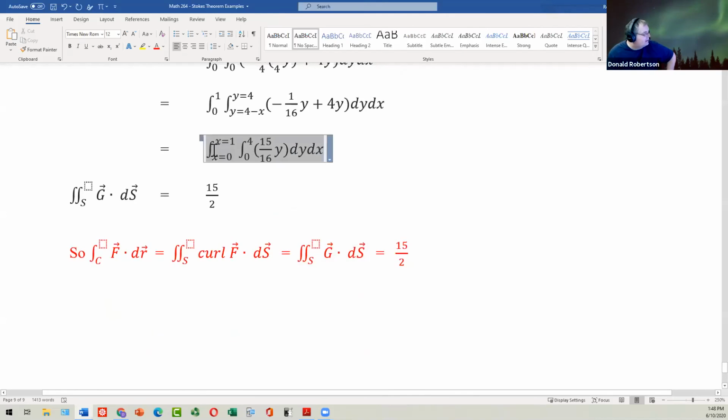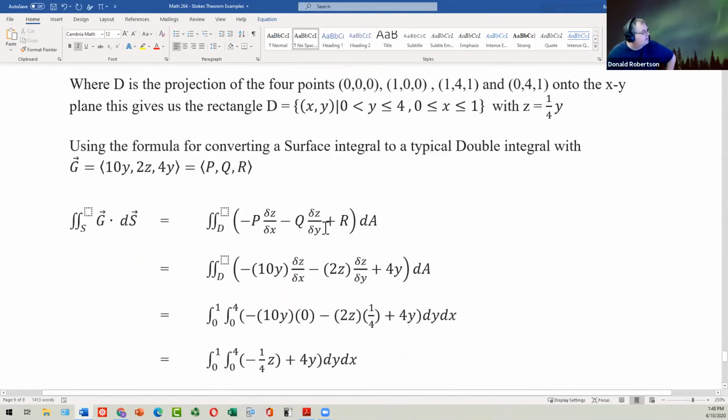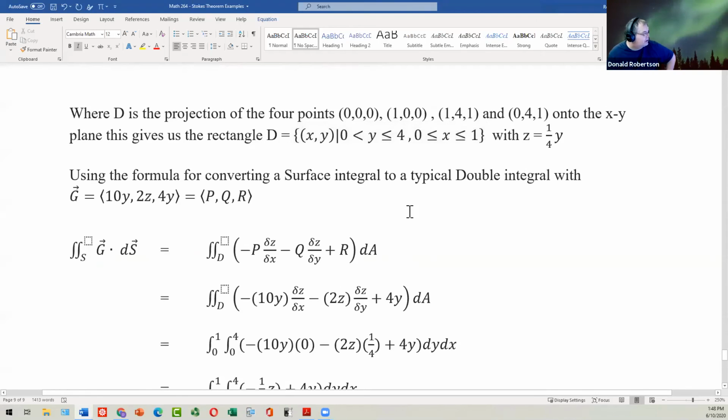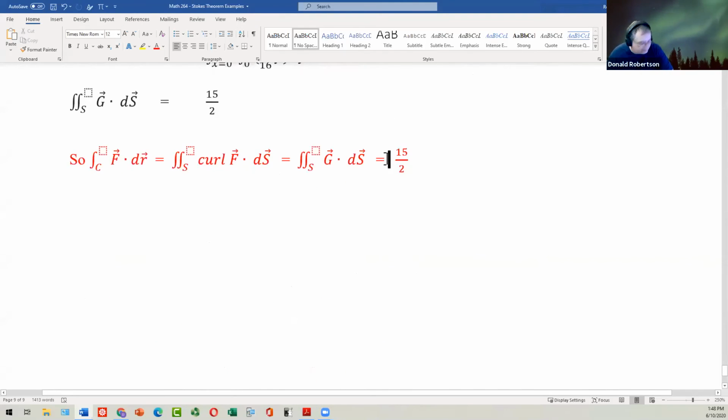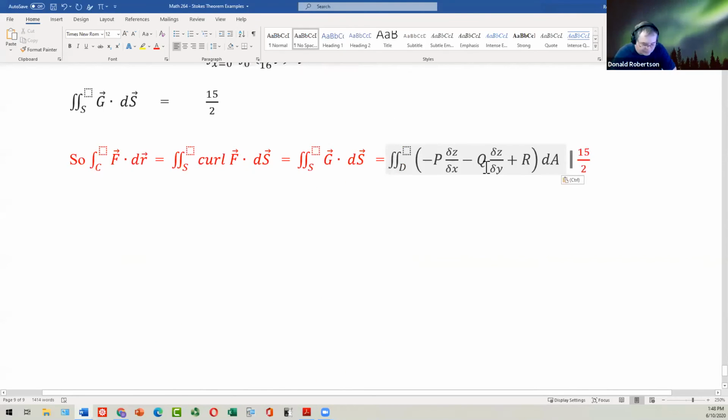And this fella, eventually, is 15 halves. There's still a little bit of work, but you can do it. And for completeness sake, we're done.